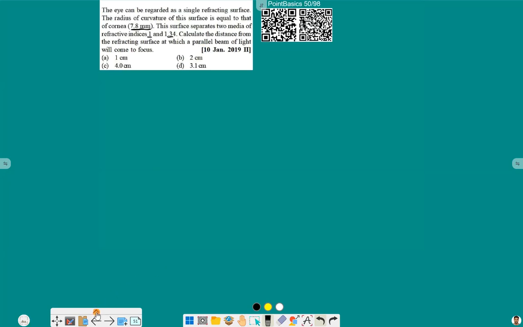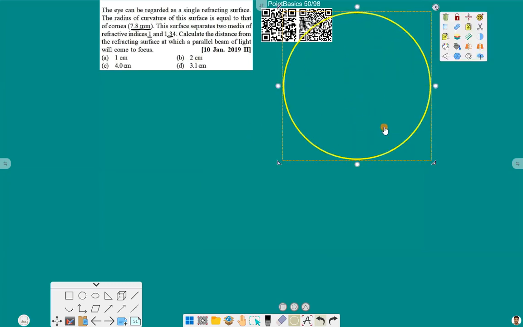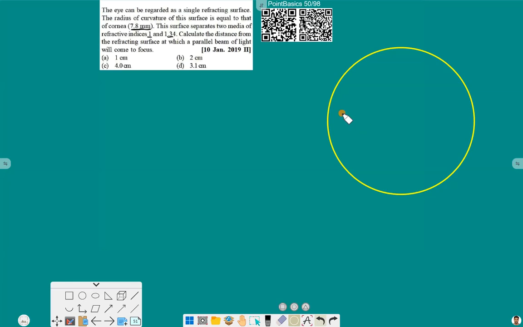Now what is happening here? Suppose we have an eye, and I am drawing a normal diagram. This is our eye, and this is the inside part of the eye where refractive index mu is 1.34, and outside of the eye mu is equal to 1, that is basically air.